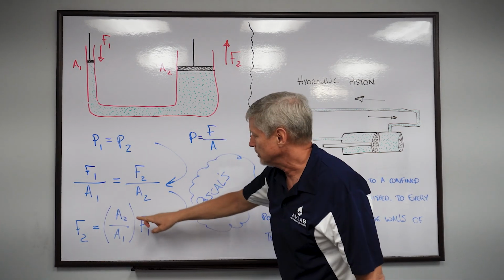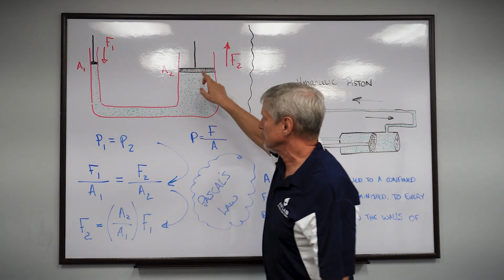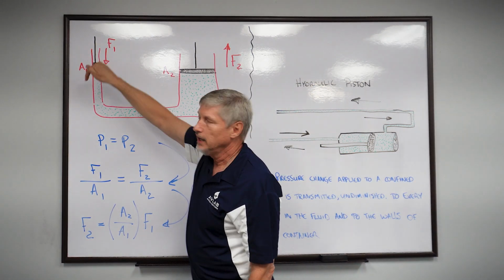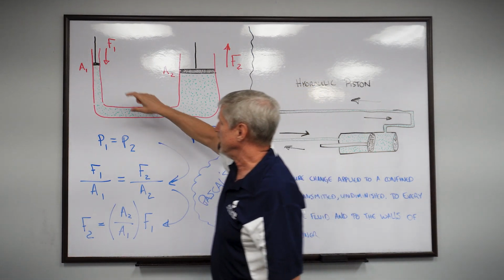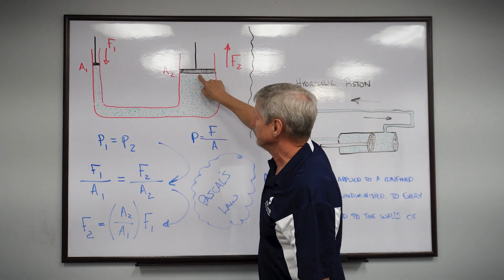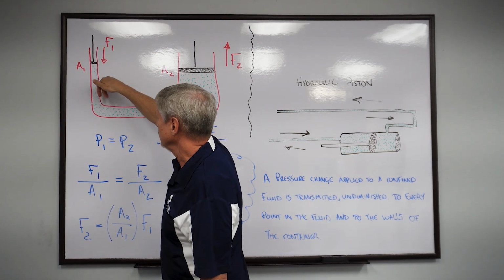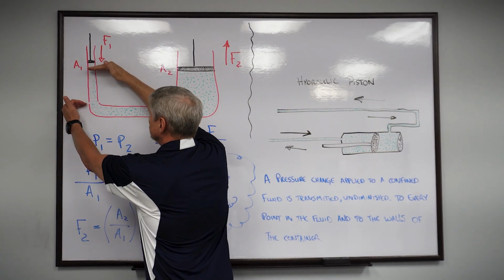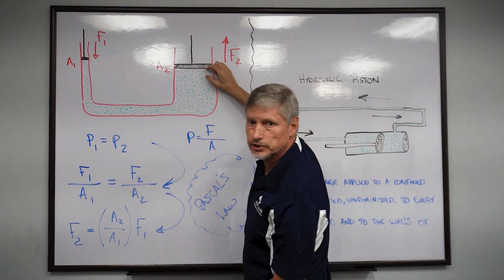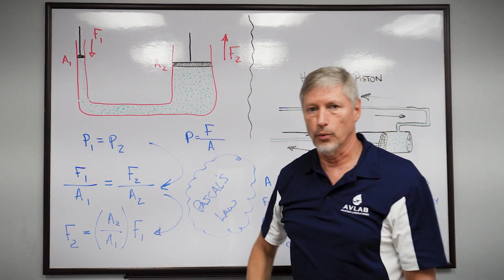The upward force is the ratio of the areas of these two plungers, these two pistons, multiplied by the downward force here. Effectively, what we're saying is that because of the small surface area here relative to this surface area, we can apply less force down, but we have to travel a greater distance to get more force up, but a very small amount of travel here. So that's kind of the way Pascal's law works.